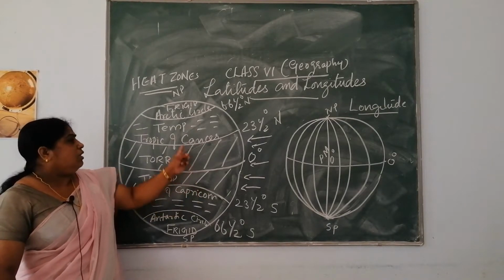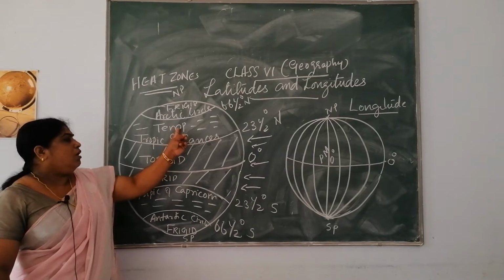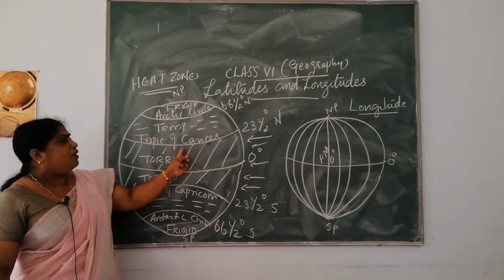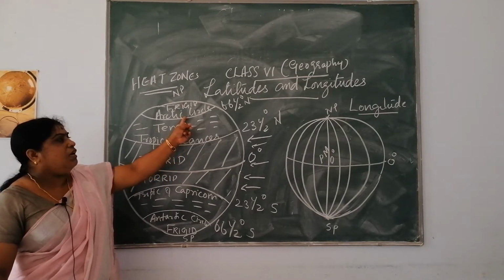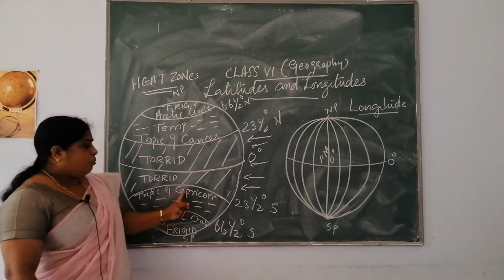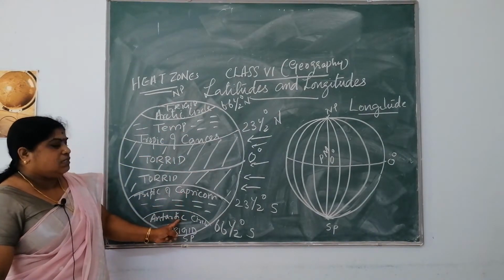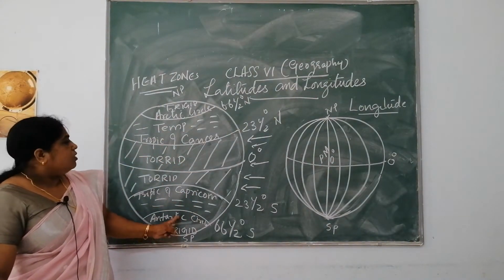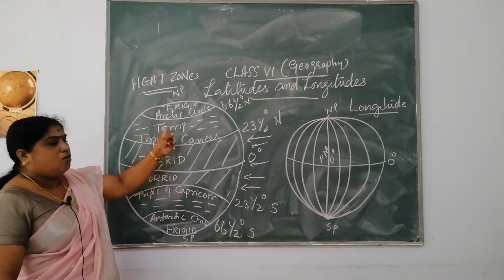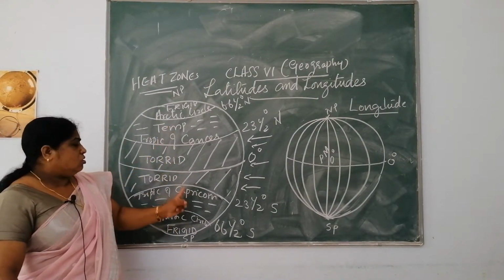The next heat zone is the temperate zone, which lies between the Tropic of Cancer and the Arctic Circle in the north, and between the Tropic of Capricorn and the Antarctic Circle in the south. These are called the temperate zones.